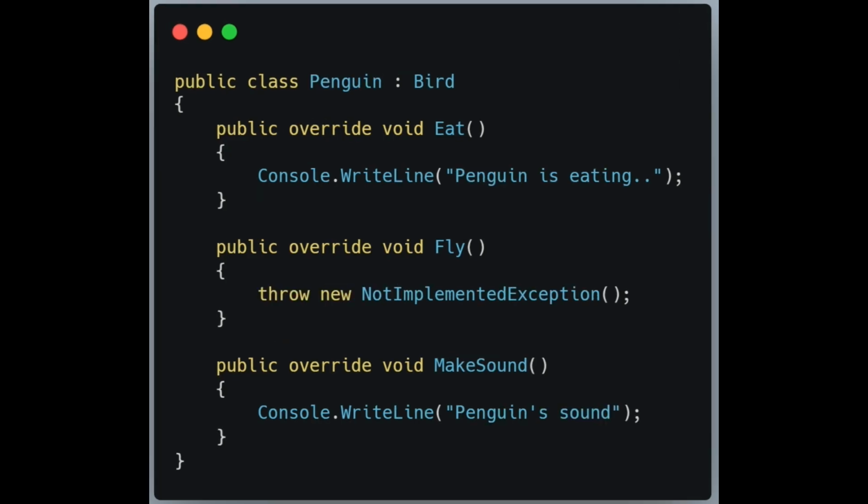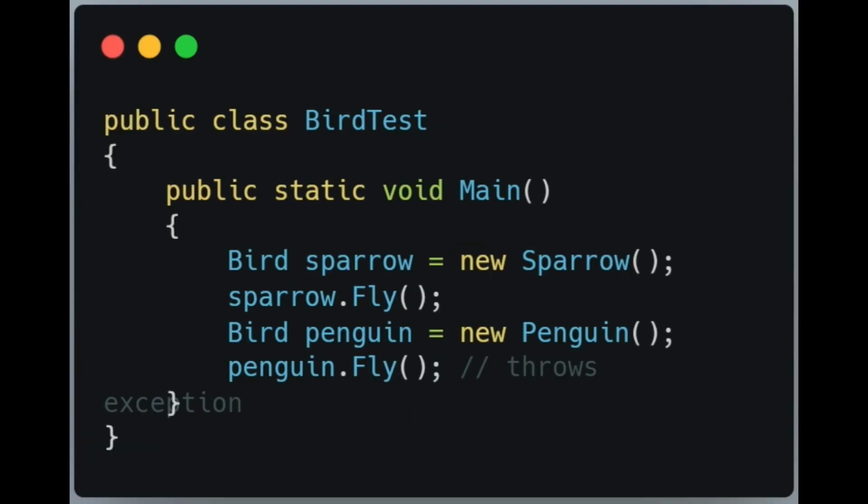A penguin is a bird too, so a penguin must do what a bird can do, such as eat, make sound, sleep, and fly. However, a penguin cannot fly. When you call the fly method of the penguin class, it throws an error. Therefore, a penguin is not completely replaceable for bird. This code violates the Liskov substitution principle.